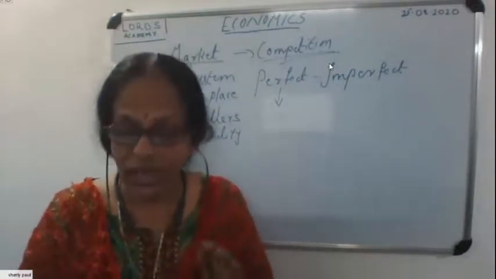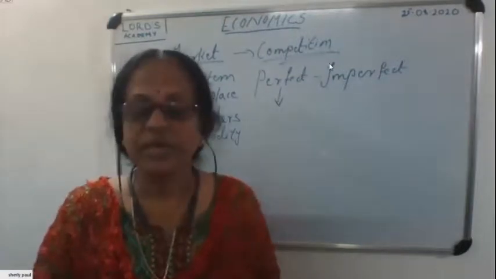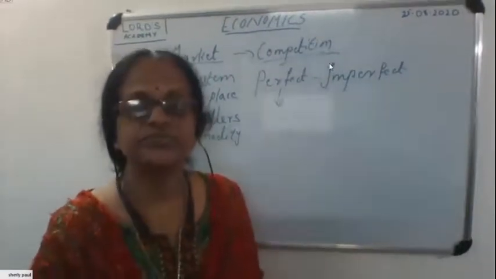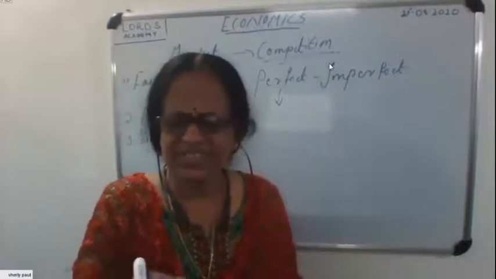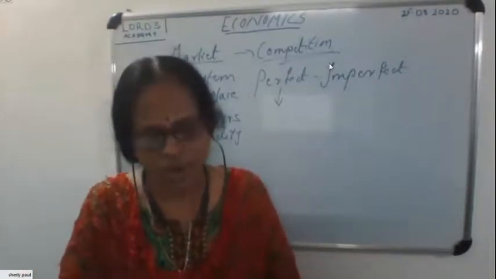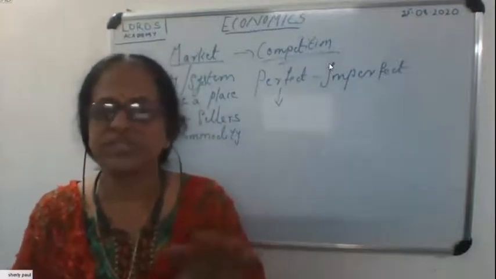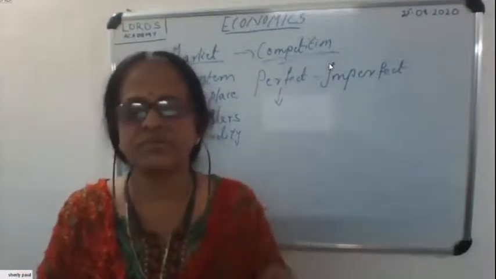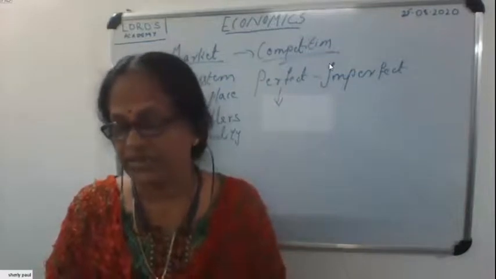Actually, it is not an ideal state. Very rarely can we see this. Clear? We can say the stock market and wholesale market are similar to perfect competition, because the price variations are not there, wholesale price, in such a way we are saying. But very rarely can we see it.